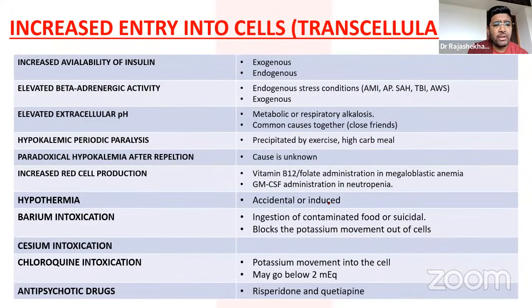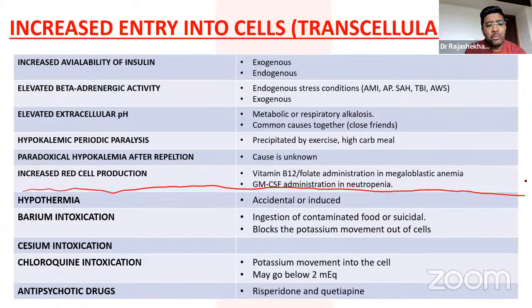If you look at the rare causes of this transcellular shift, there is hypothermia. Although hypothermia causing hypokalemia is usually either accidental or it can be induced. So sometimes hypokalemia is induced in a patient of hypothermia to prevent brain death.